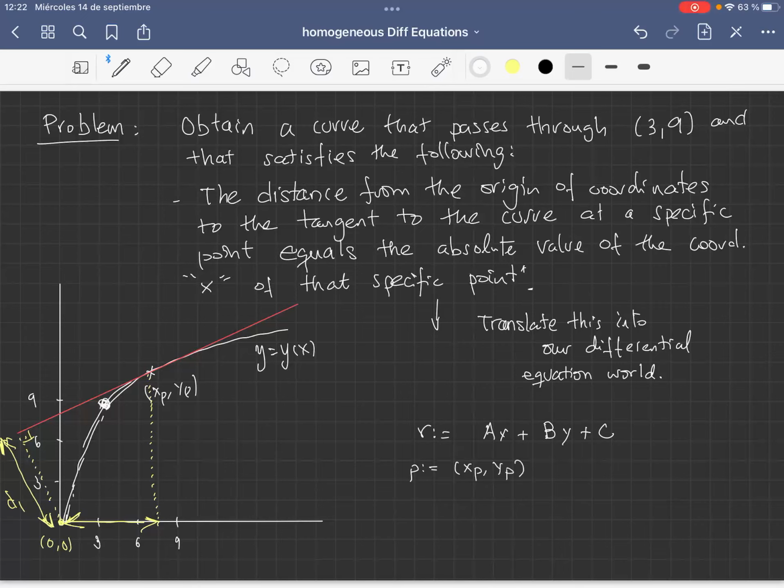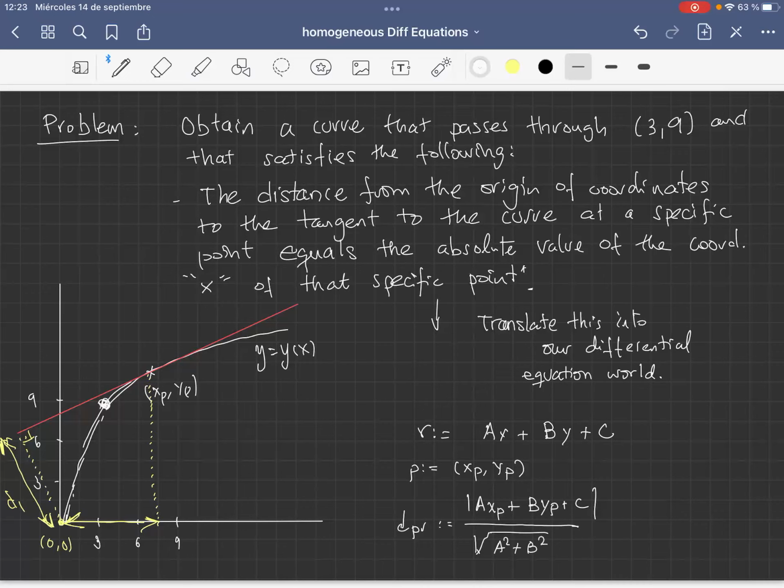The distance from a point to the line R is defined as the absolute value of the evaluation of the point in R, divided by the square root of A squared plus B squared.